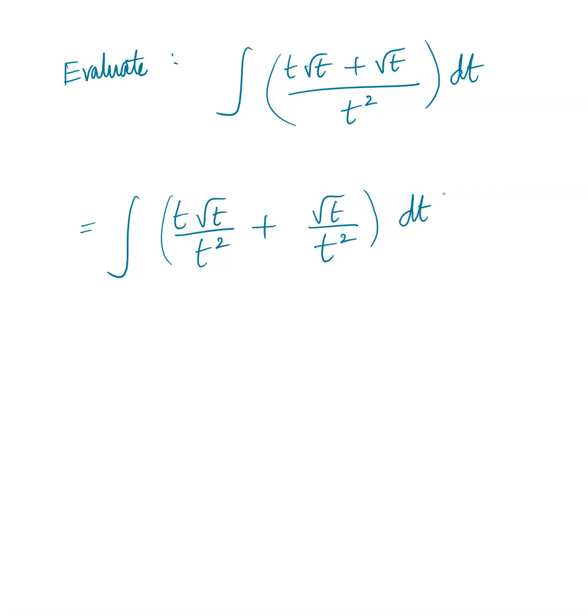And we know that because of the law of exponents, we can simplify all of these. There are many ways to simplify it, but what I'm trying to do here is write all of them as a power. And this t squared, I'm bringing it up, is t to the power negative 2 plus t to the power half times t to the power negative 2. I hope you can see what I'm trying to do, because the law of exponents allows you to add up the powers.